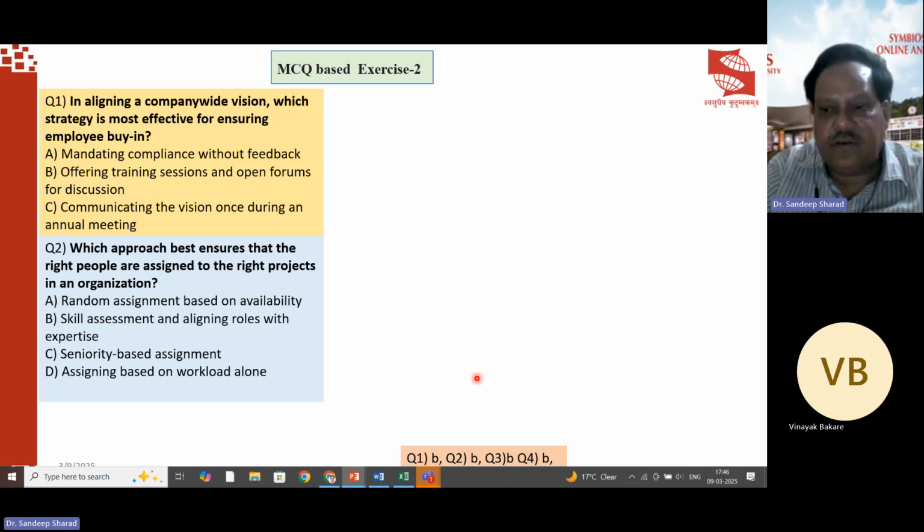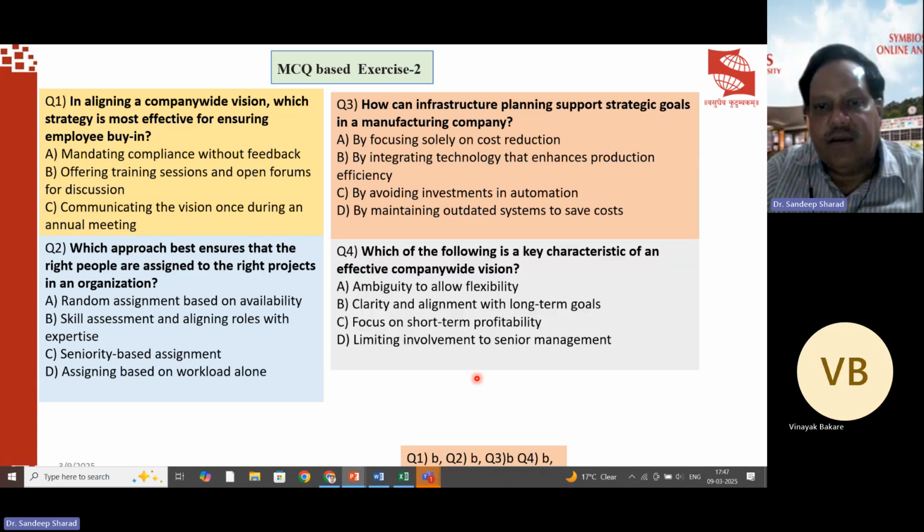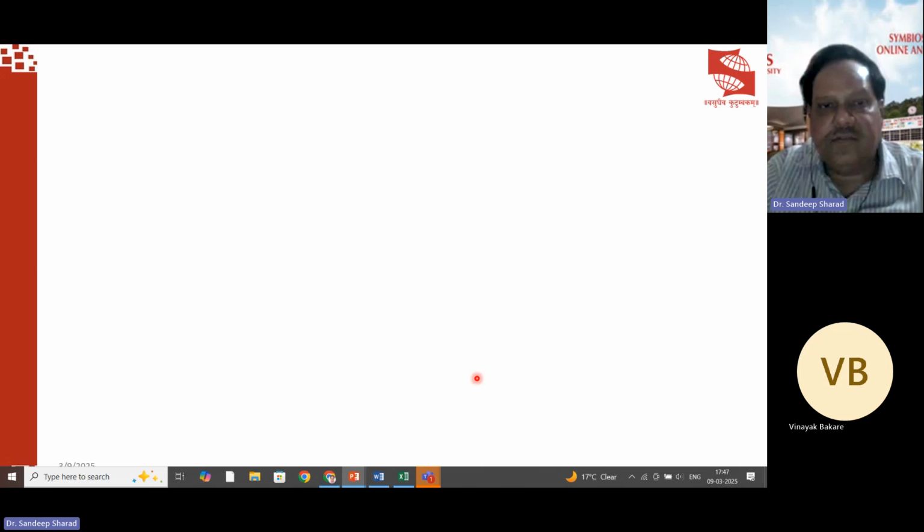Which approach best ensures that the right people are assigned to the right projects in the organization? Skill assessment and aligning roles with expertise. How can infrastructure planning support strategic goals in a manufacturing company? By integrating technology that enhances production efficiency. Which of the following is a key characteristic of an effective company-wide vision? Clarity and alignment with long-term goals.